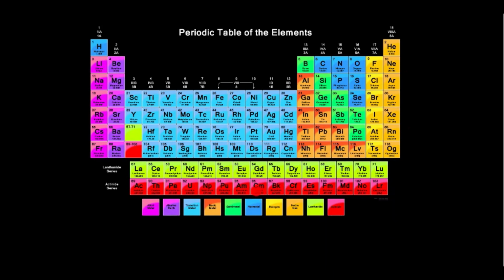So there are 4 blocks in the periodic table based upon the presence of their valence electron in different subshells. We have S block, P block, D block as well as F block of the periodic table. I hope periodic table is clear to you.